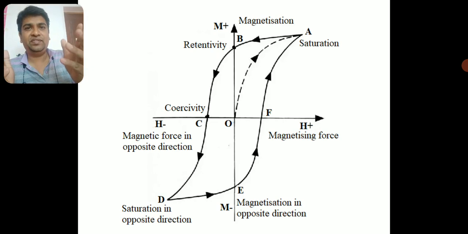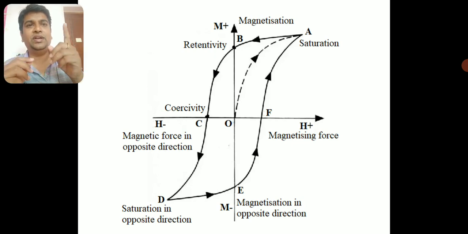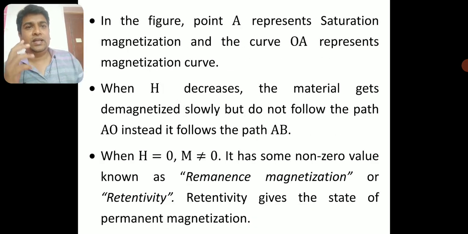So this is entirely different. This is a unique phenomenon exhibited by ferromagnetic material. Instead of retracing exactly the same path, it goes on a different path, AB. Next, when H equals 0, when the magnetizing force is 0, we expect the magnetization to be 0, but actually it is not 0.